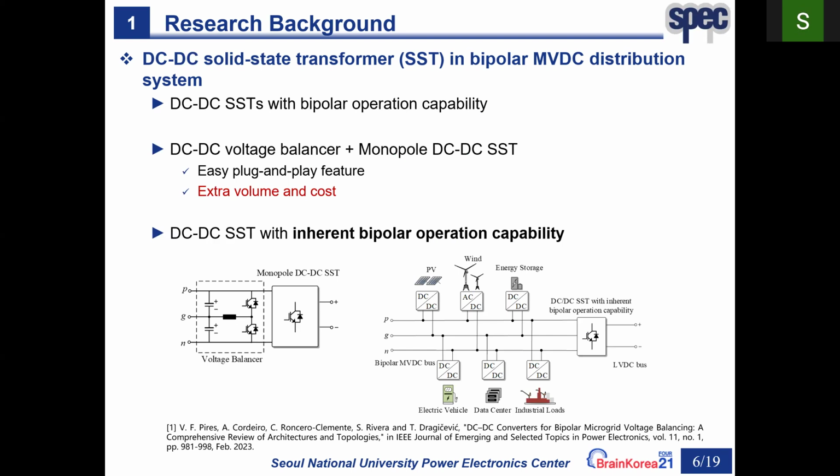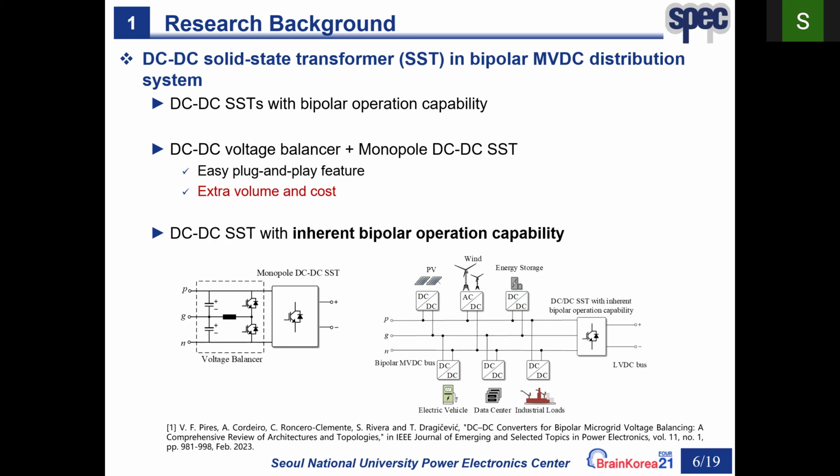The first one is to implement a DC-DC voltage balancer on a regular monopole DC-DC SST. The one shown in the bottom left figure is the typical topology. It can actually be considered as a buck converter with 50% duty cycle and can maintain the DC voltage balance of the 2 poles if asymmetric power consumption arises.